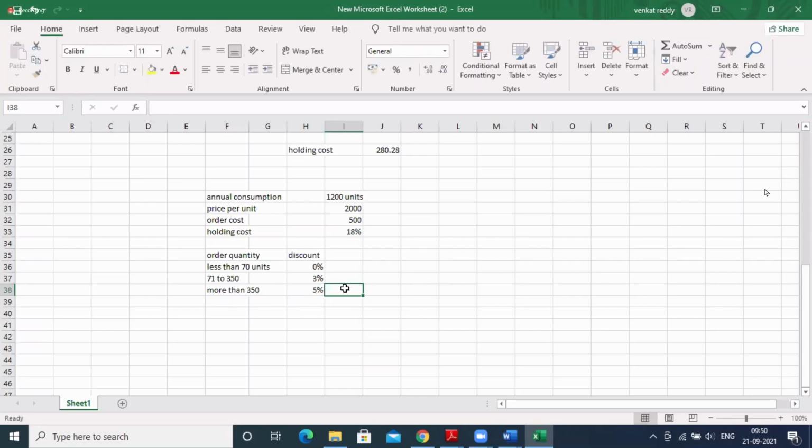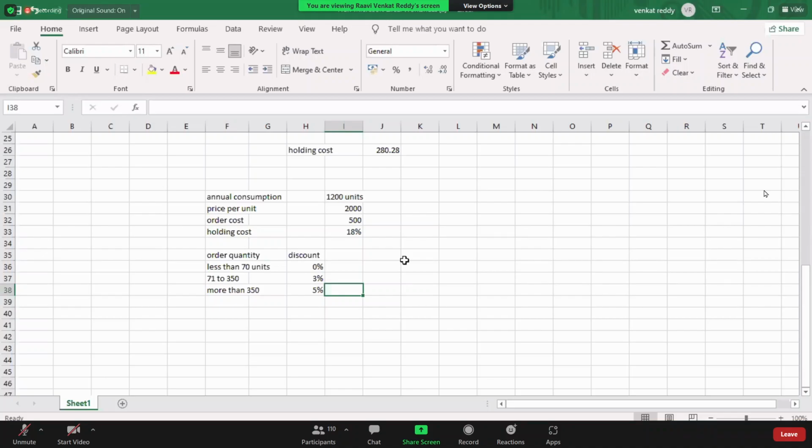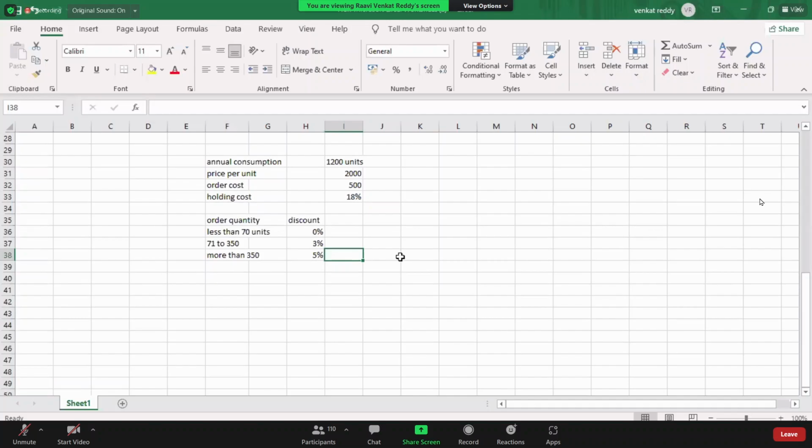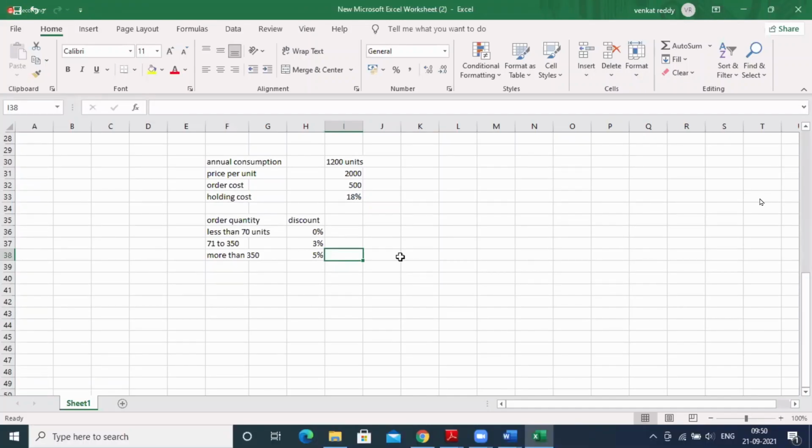Now I want to know what should be the option. Should the company go with EOQ? It means which one will be suitable? Okay, so I will be giving 15 minutes. I want the participants to try. Once again I repeat, try to understand the importance of this problem. Definitely we will be getting this as part of a 20 marks question, and we can even expect scenario based MCQs also. So I request the participants to please write.